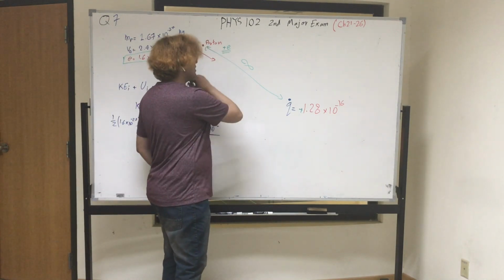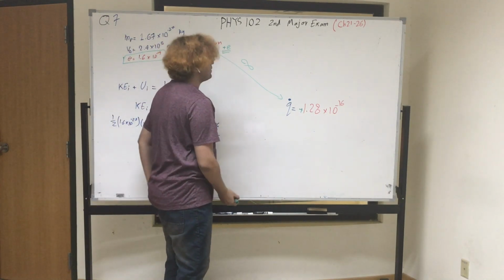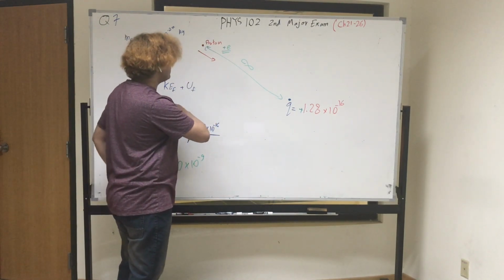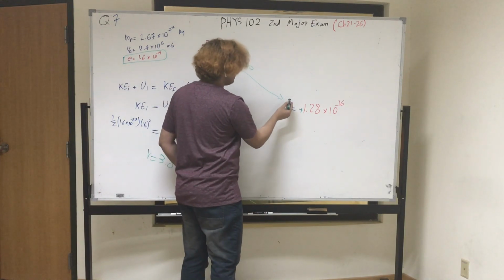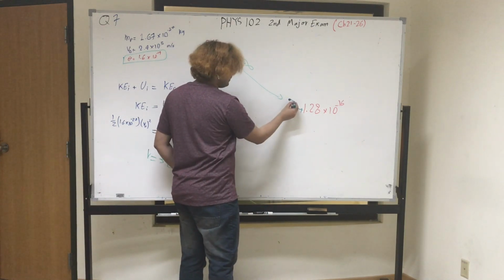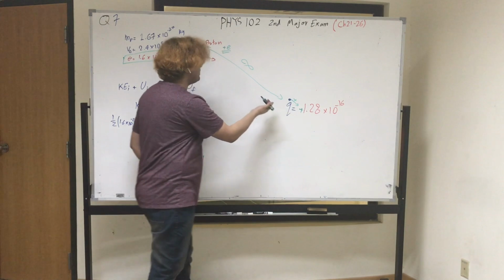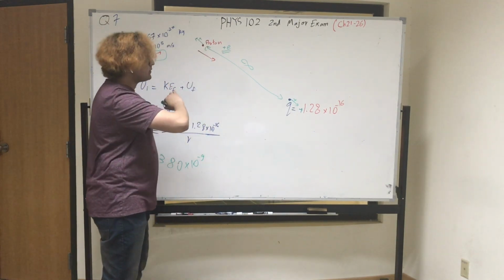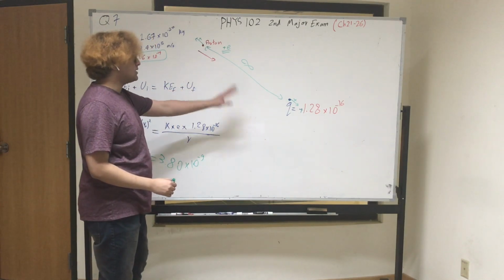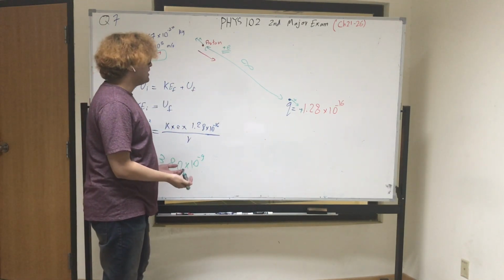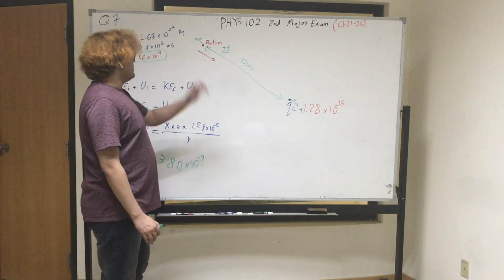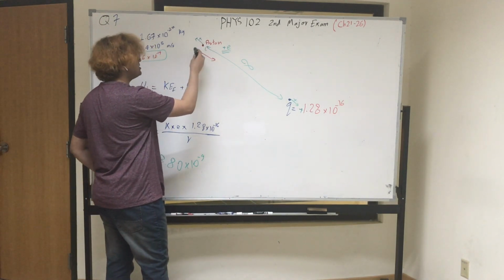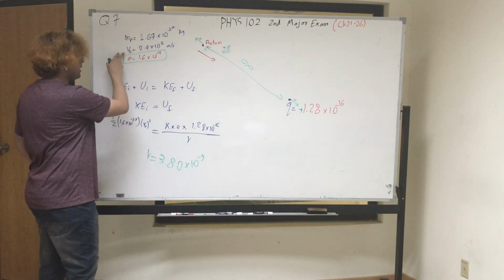So if you have a positive charge and another positive charge, and we take these two charges close to each other, each of them is going to repel the other one. Because these two have positive signs, or similar signs, they're going to repel. So if we fire the proton, it's going to have some sort of initial velocity, okay?